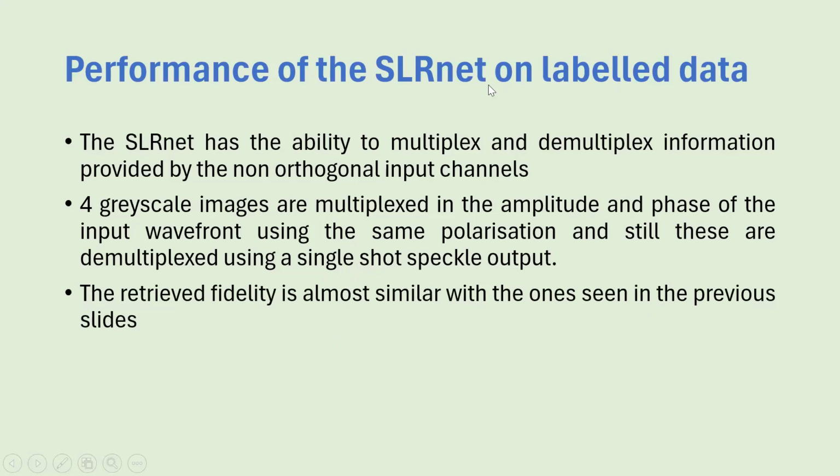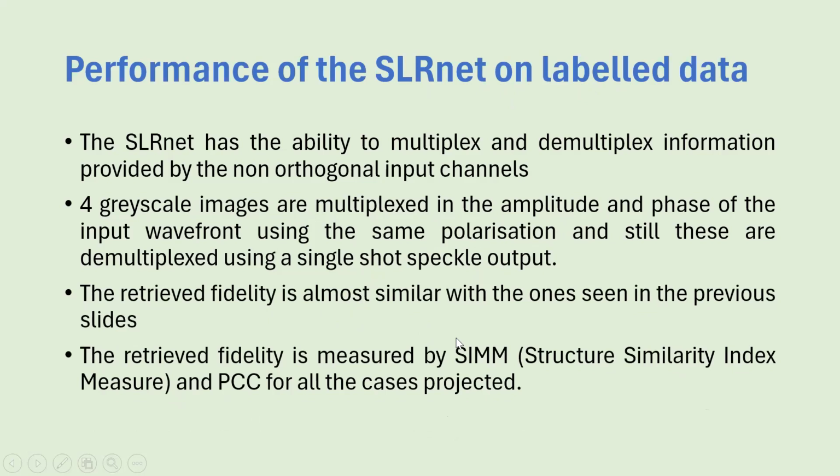So we are going to see the performance of SLNet with respect to the labeled data. First, 4 grayscale images are multiplexed in the amplitude and phase dimension using the same polarization, and we shall see that almost similar outputs will be generated.